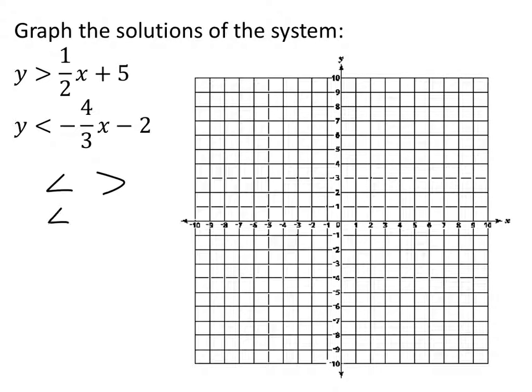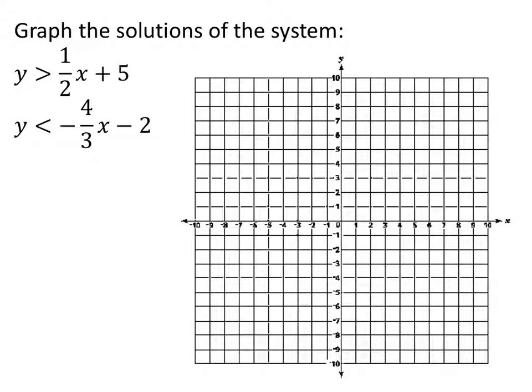If we have less than or equal to or greater than or equal to, then we will be using a solid line. So notice in these two inequalities, it's both less than and greater than symbols. There's no equal to parts. So for these two lines, we're going to be using dashed lines.